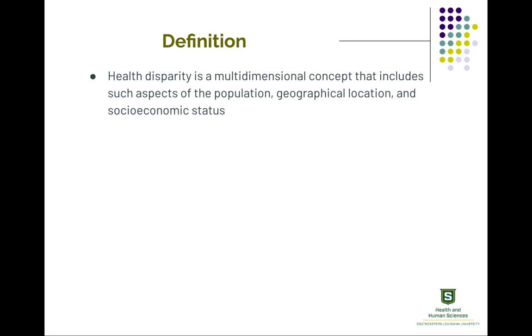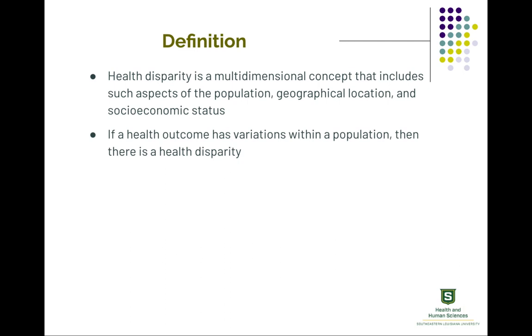Health disparity looks at it as a multidimensional concept rather than just individual. We are looking at variations of health outcome within a population. That's how we define health disparity.